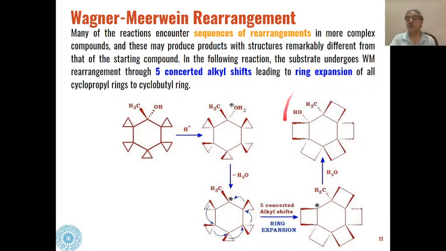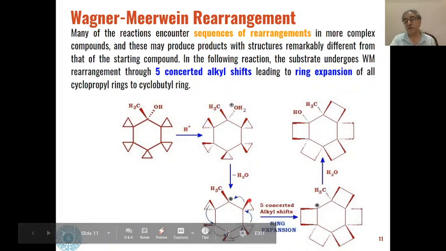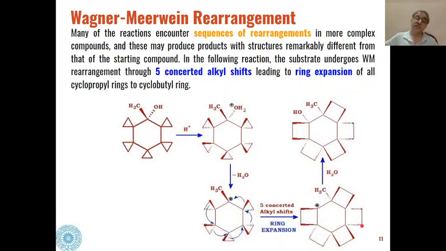So this will be the product formed by 5 concerted alkyl shifts, thereby expanding the ring size from a 3-membered ring to a 4-membered ring. Basically you can see over here that the angle strain and torsional strain of the 3-membered ring changes into a 4-membered ring through Wagner Meerwein rearrangement.